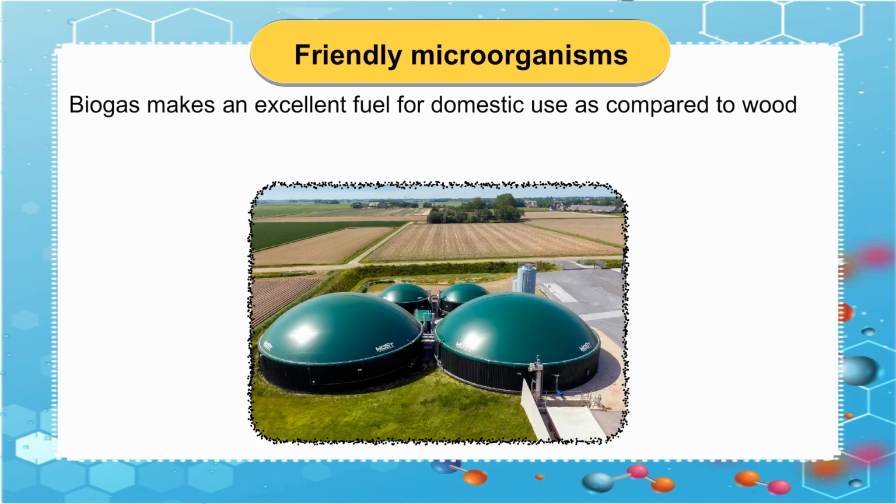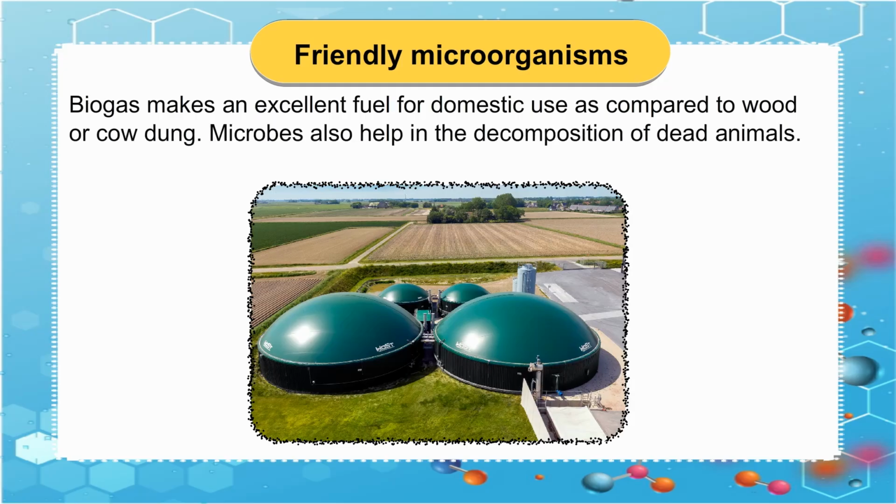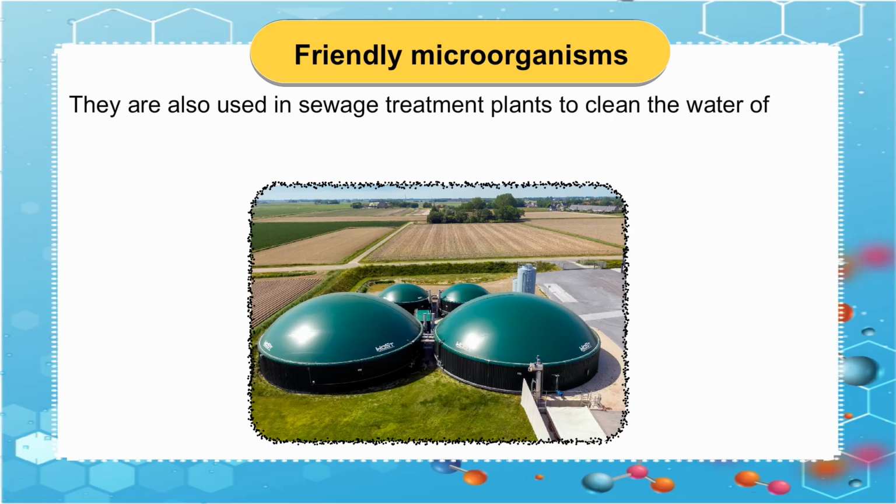Biogas makes an excellent fuel for domestic use as compared to wood or cow dung. Microbes also help in the decomposition of dead animals. They are also used in sewage treatment plants to clean the water of natural and organic waste.